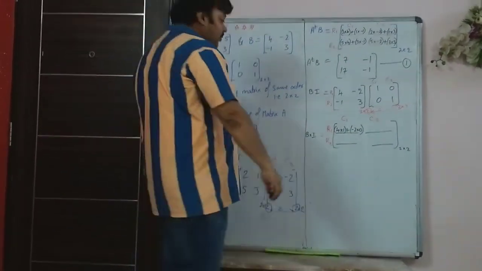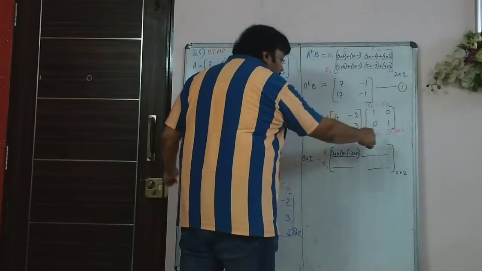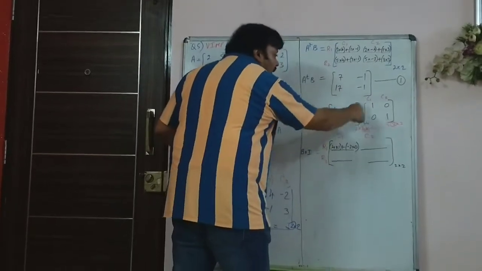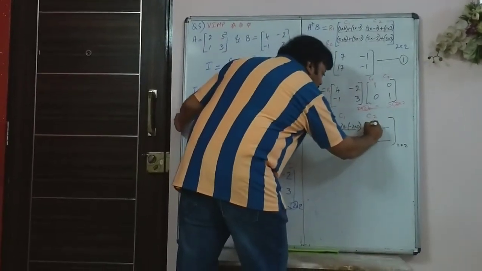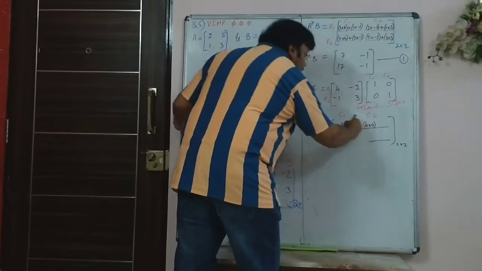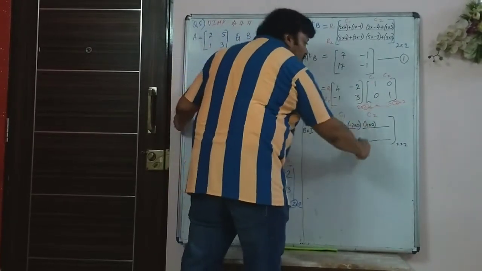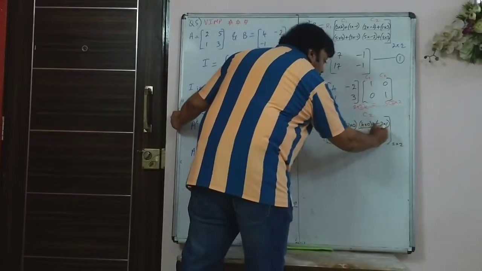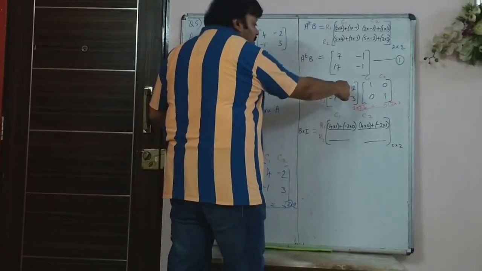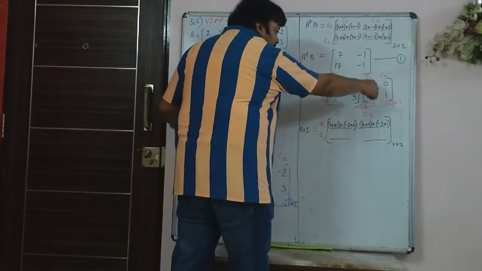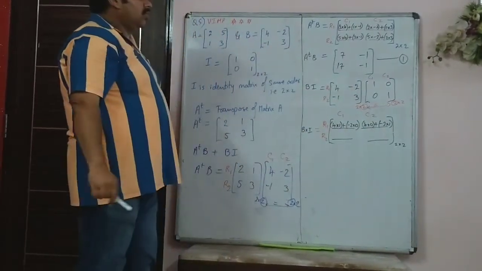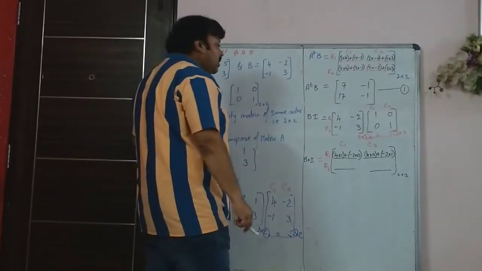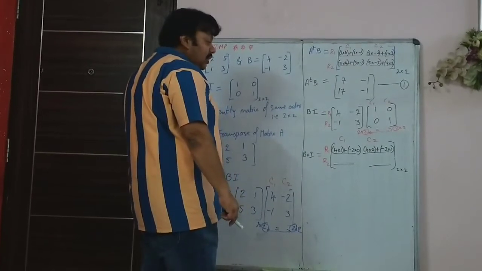Then you have row 1, column 2, row 1 with column 2 first elements 4 into 0 and minus 2 into 1 plus minus 2 into 1. Second element of row 1 with second element of column 2. So 4 into 0 and minus 2 into 1.